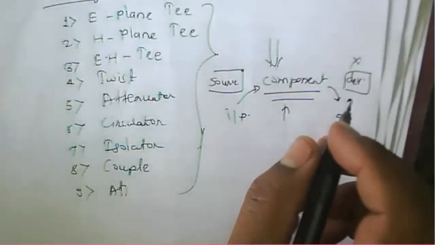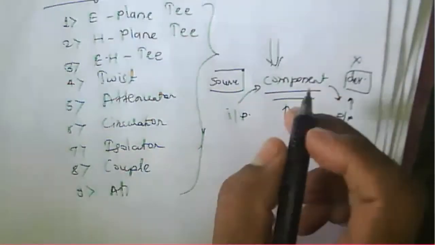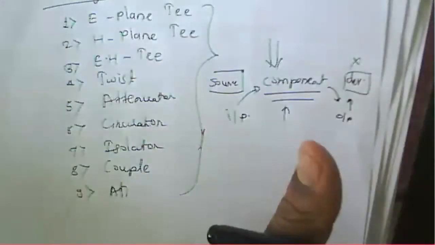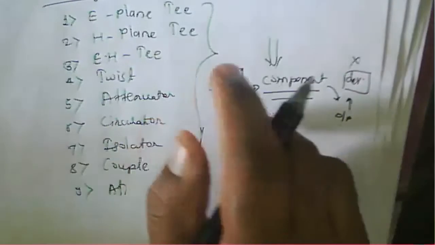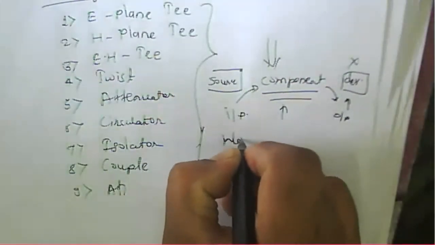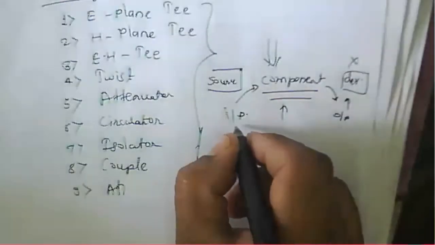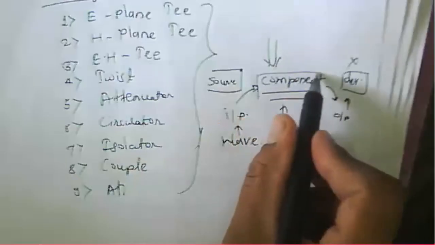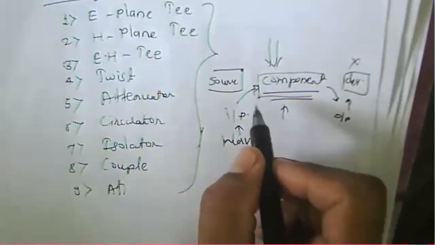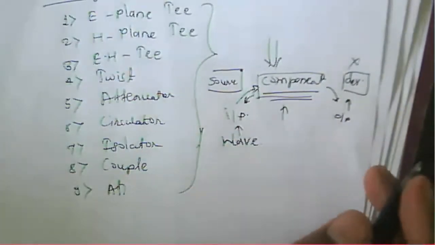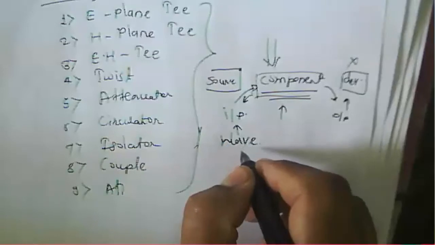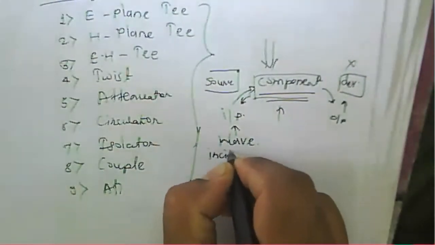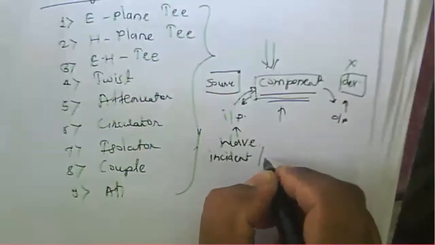Right now here, to understand the characteristics of a given component, we are learning about the wave. We are not learning about current and voltage. We are learning a wave. Now when a wave is given as input to the component, suppose something goes wrong and it is not matched, then there will be a reflection at the end. That's why we need to find out what the incident wave will be and what the reflected wave will be.